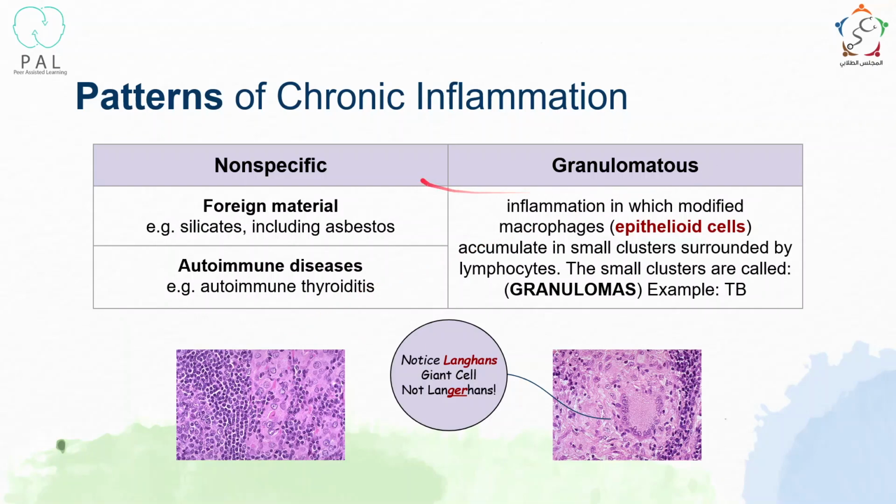A non-specific chronic inflammation would be caused by foreign materials, for example, such as silica and asbestos, and in some autoimmune diseases such as autoimmune thyroiditis. As you can see, there is no specific structure to the inflammation. You can see many lymphocytes and macrophages, however, there is no clear structure.